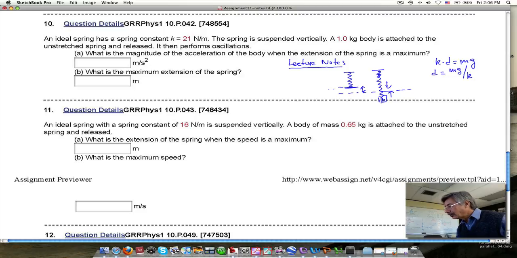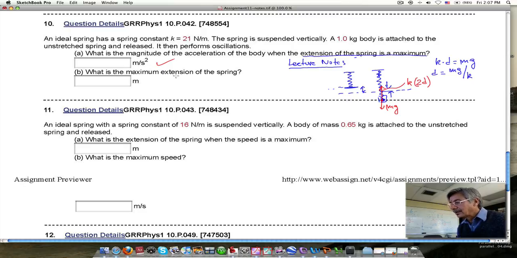Now, down here, when the extension of the spring is maximum, then you have the following. You have a force of the spring that is like that, and then you have mg. And this force is k times twice this distance. You'll get it, and then you'll get an acceleration here, which is a very well-known number.